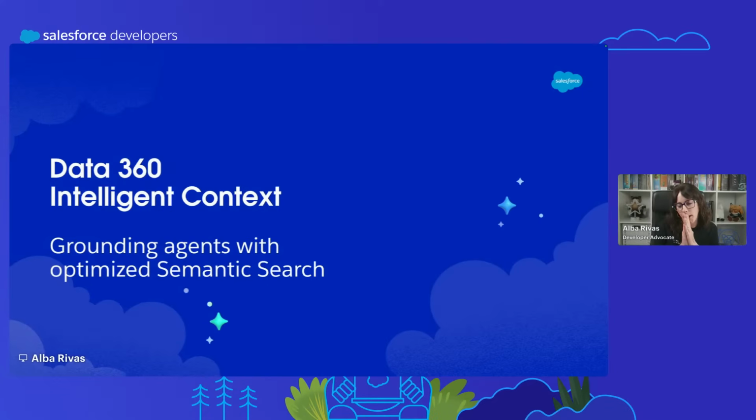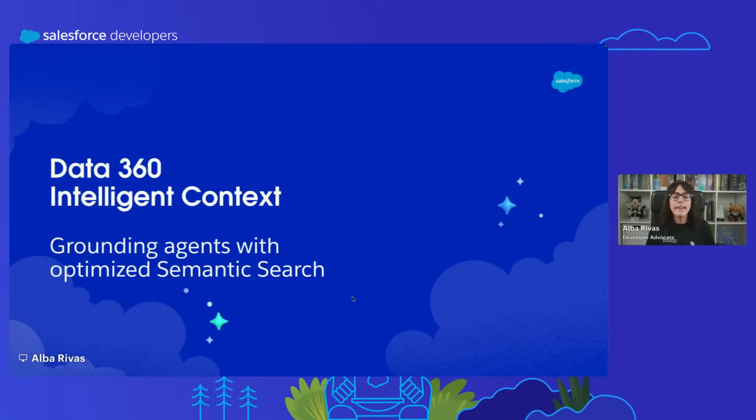In my opinion, Data 360 is so technical that even being an admin for Data 360 needs a lot of technical knowledge that could apply to any kind of role, right? So we're going to start with intelligent context.